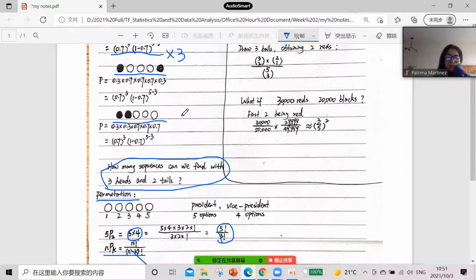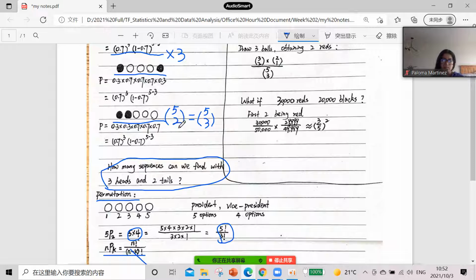And another way you may find out is 5 choose 2 is actually equal to 5 choose 3. You could think about why that is the case. First, if you plug those numbers into the formula, you will get the same number. But essentially, how you understand this is I choose 2 heads from five tossings, and I get those sequences, and that is essentially equal to I choose 3 tails from the 5 tossings. I get exactly the same result.